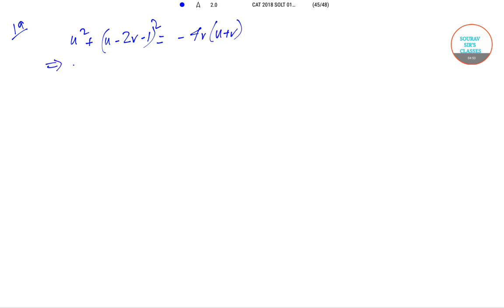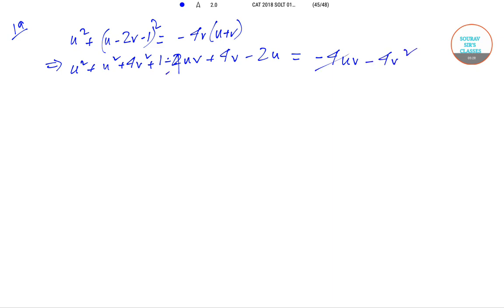If we break down the entire structure, this will give us u square plus 4v square plus 1 minus 4uv plus 4v minus twice u, and this will be equal to minus of 4uv minus 4v square.